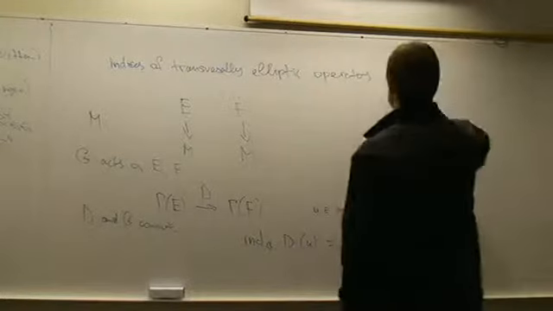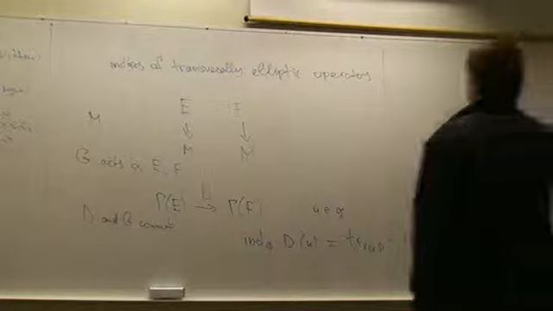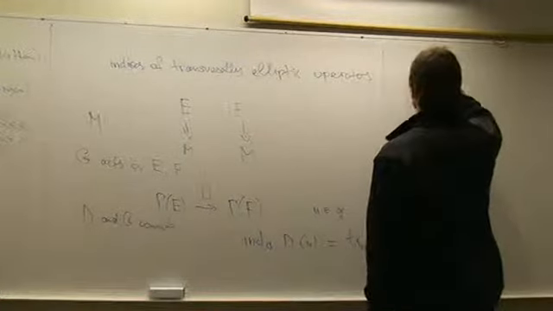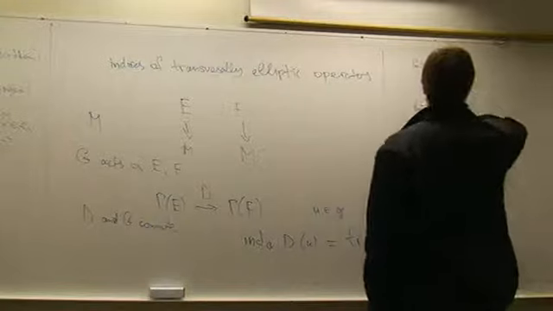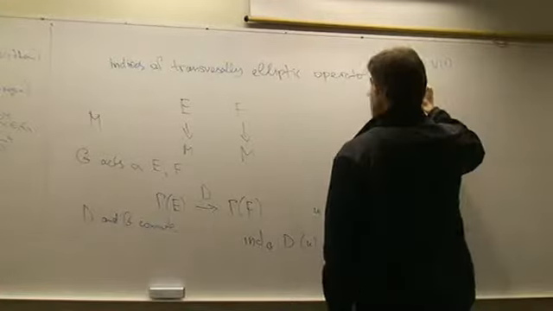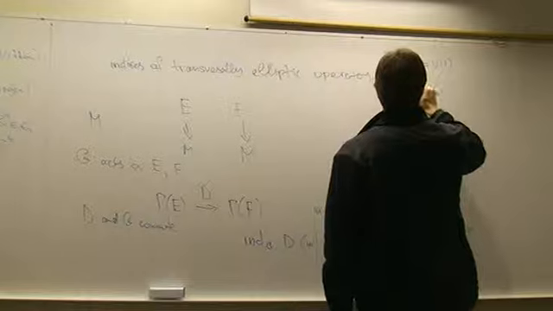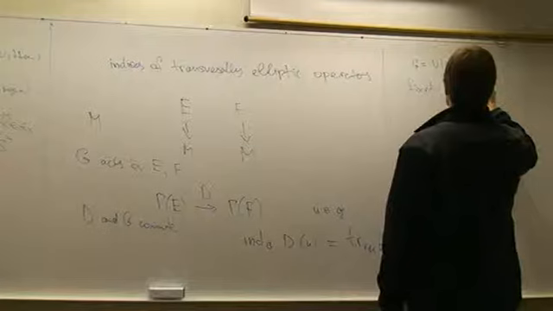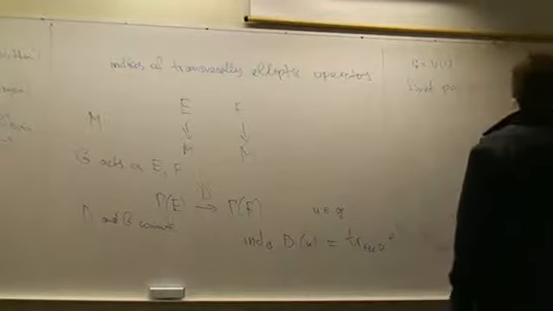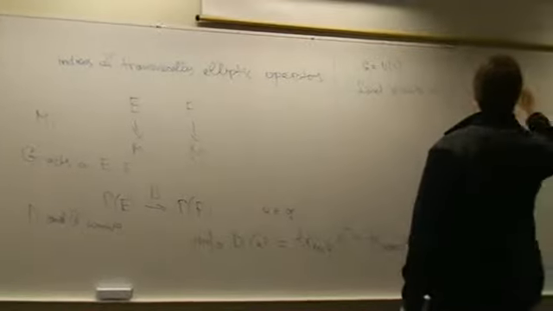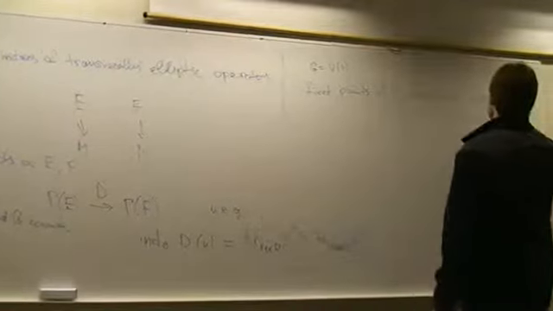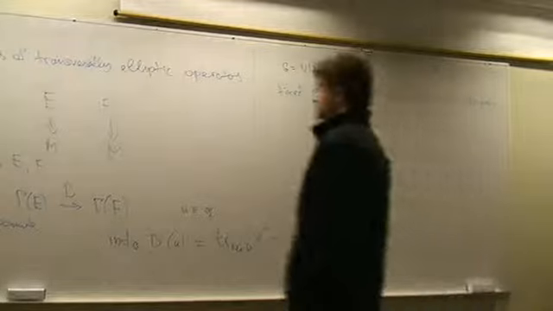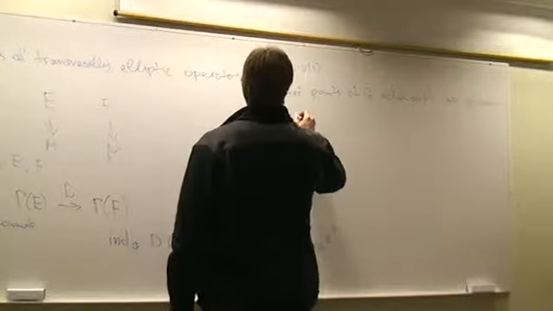So the formula is, now let's take a simple situation. Assume that G, let's say G is U1, and the fixed points of the G action on M are discrete. So let's say that F is the set of fixed points.